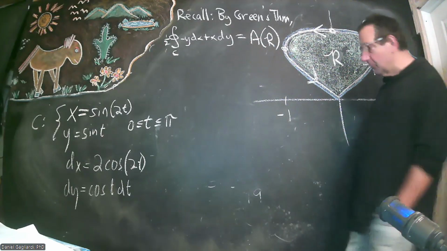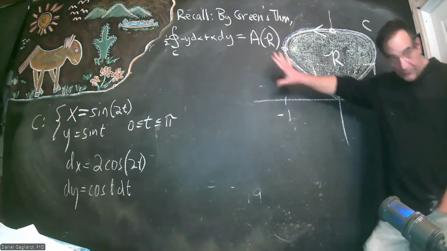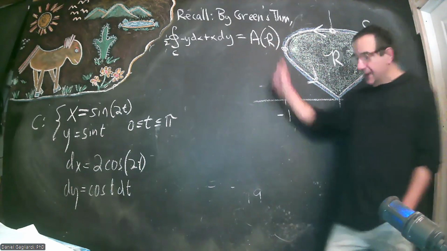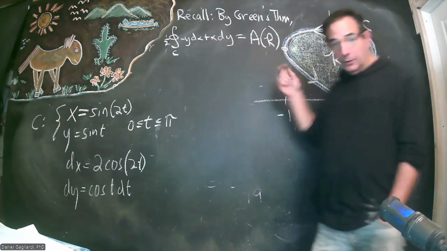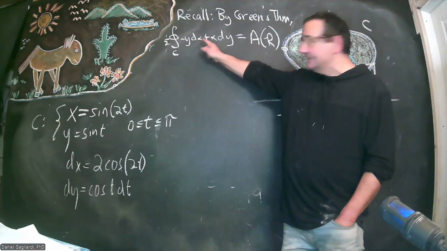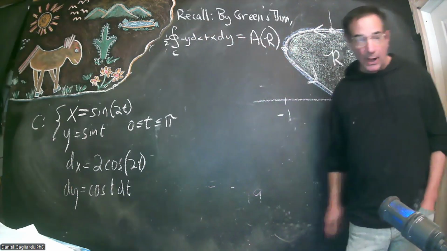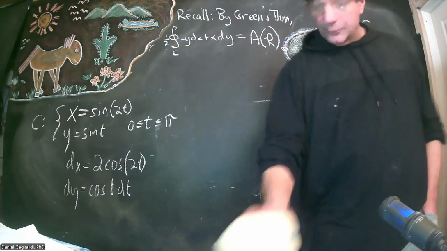It's kind of a miraculous thing. We don't have to establish that. We've already established that this line integral, 1/2 the integral around the simple closed curve C of negative y dx plus x dy will give us the area. Okay, so we're going to do that line integral.